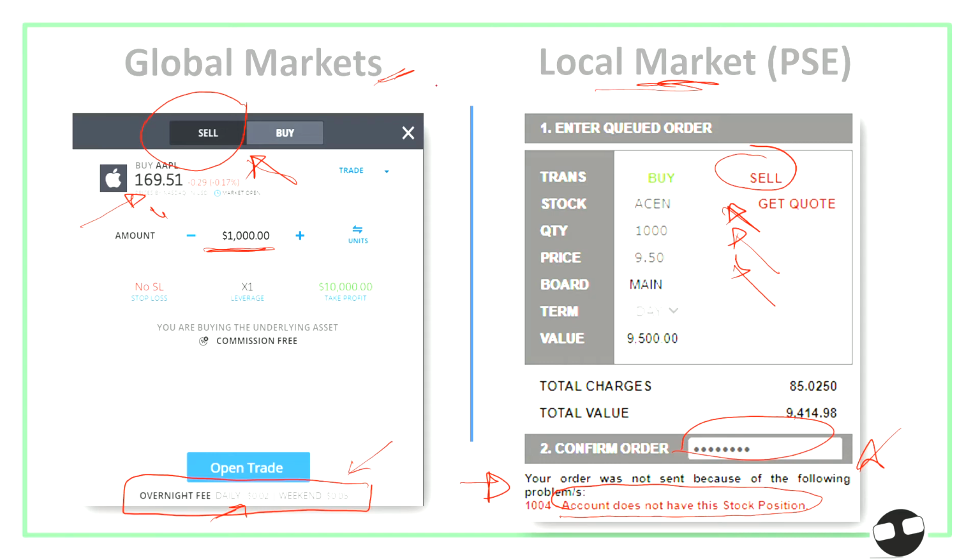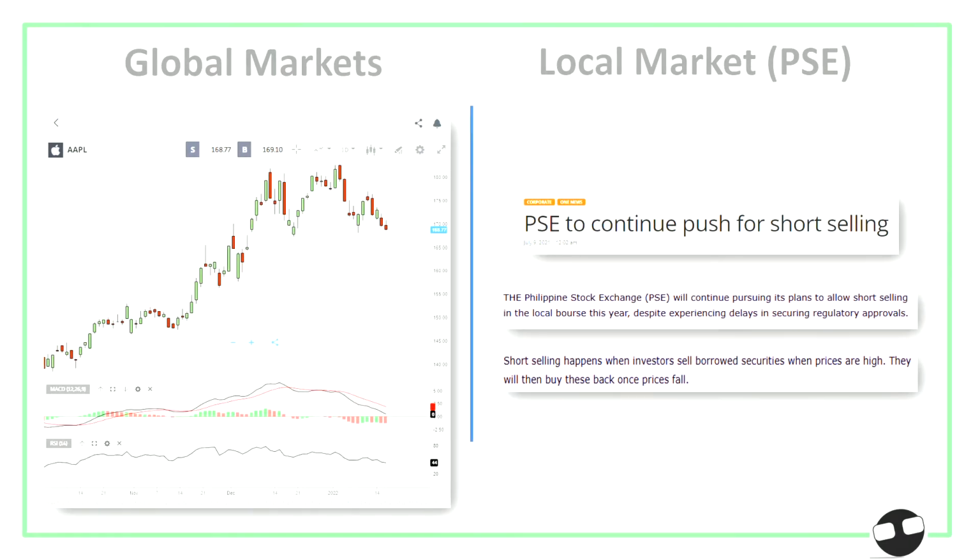In the global market setup, you can sell the asset even though the asset is not yet part of your portfolio. But in the PSE, you cannot sell an asset if you don't have an existing position of that asset. So here in short selling, you actually want to make money if the price goes down. Let's go back to Apple again.